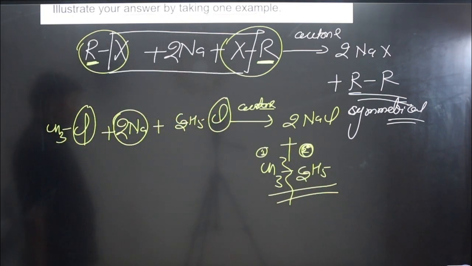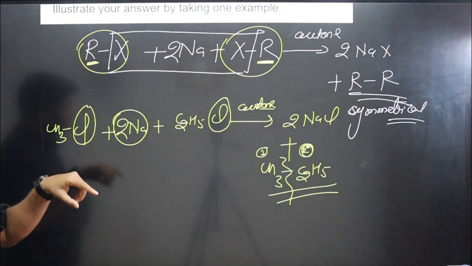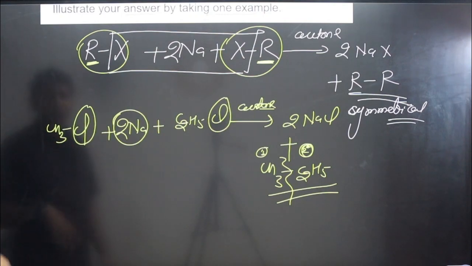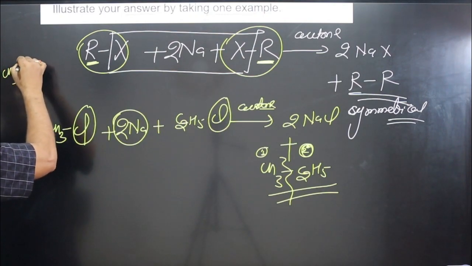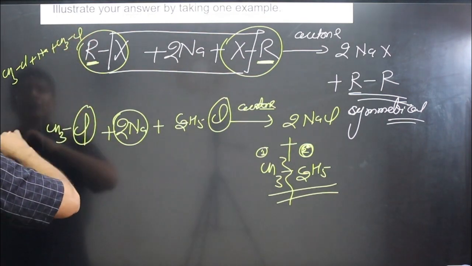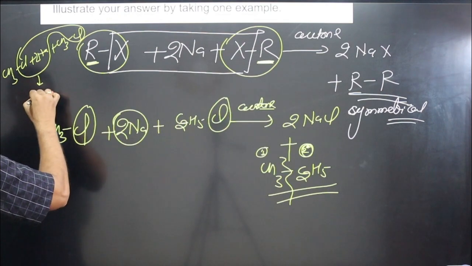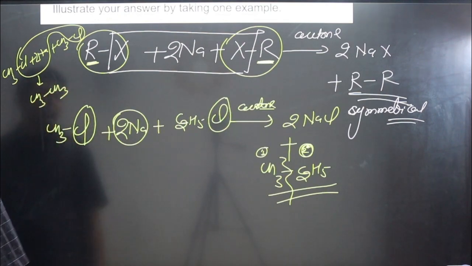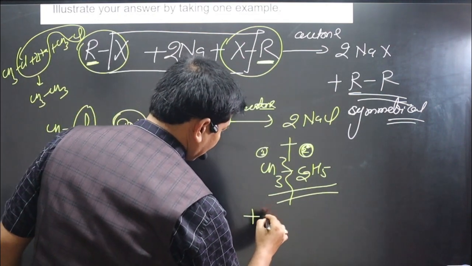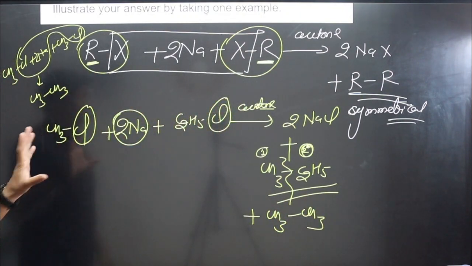This is one product possible, but other than this you can see one molecule of this substance will react with the same molecule. So if I take CH3Cl plus Na plus CH3Cl, so 2 Na, this portion is segregated, so again we get the product CH3CH3.